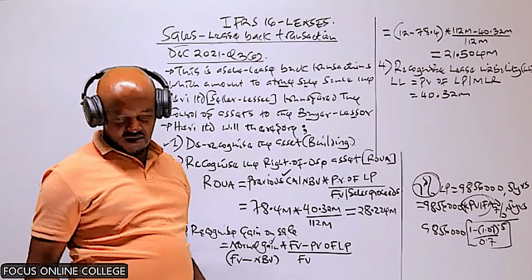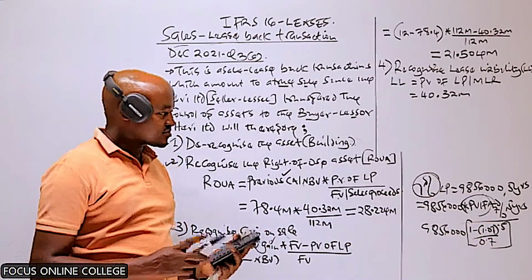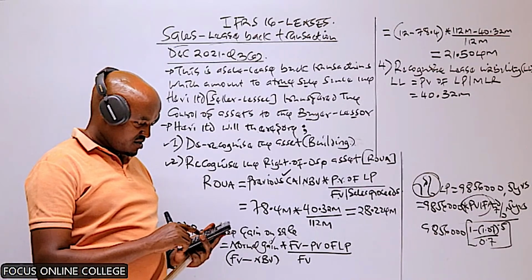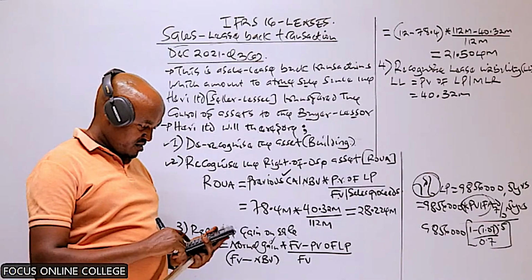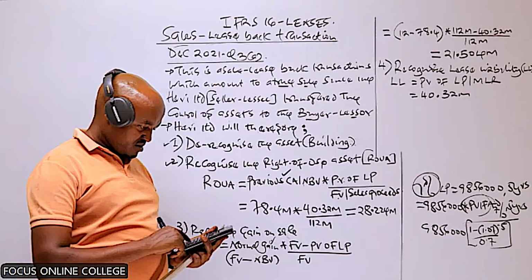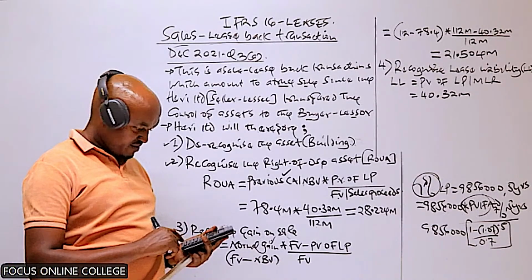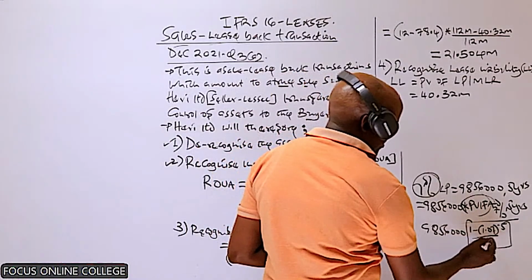Is that what you'll get if you work out this? 1.07 raised to power negative 5, 1 minus answer, divided by 0.07.